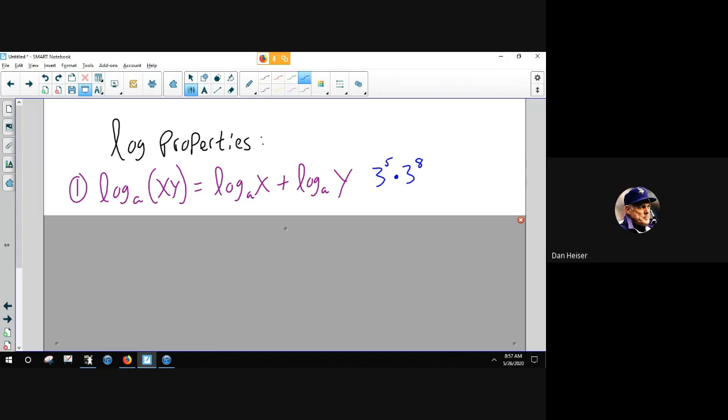What do we do to the exponents to get 3 to the 13th? I'm multiplying base to a power times base to a power. You've learned a long time ago that you add the exponents. And that's exactly what we're doing here. This is an exponent. This is an exponent. Here is their product, 3 to the 5th times 3 to the 8th. We are simply adding the exponents together.